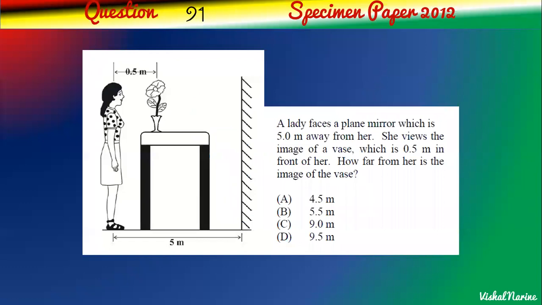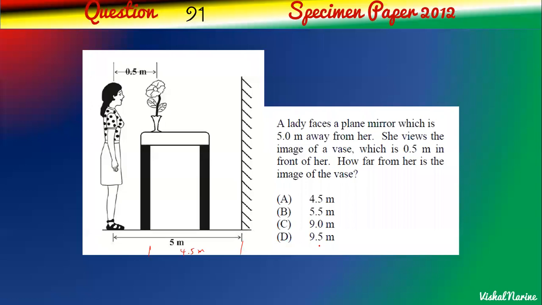Question 91, we worked a similar question like this yesterday. It is not the same question. It doesn't have the same numbers, right? I think the numbers have been changed here. So again, working it from the base to the mirror is going to be 4.5 meters.